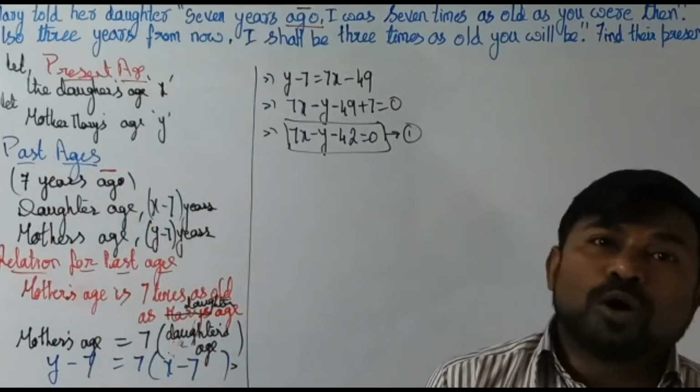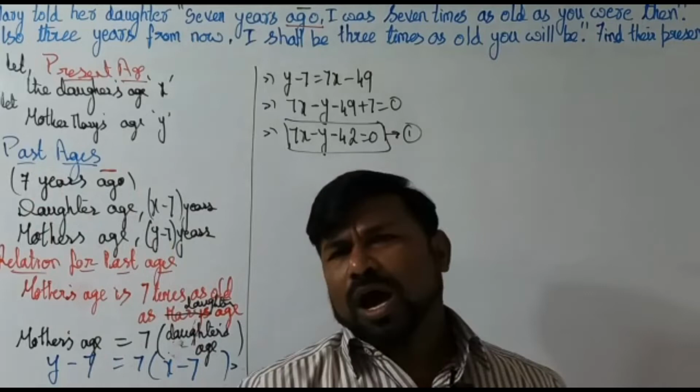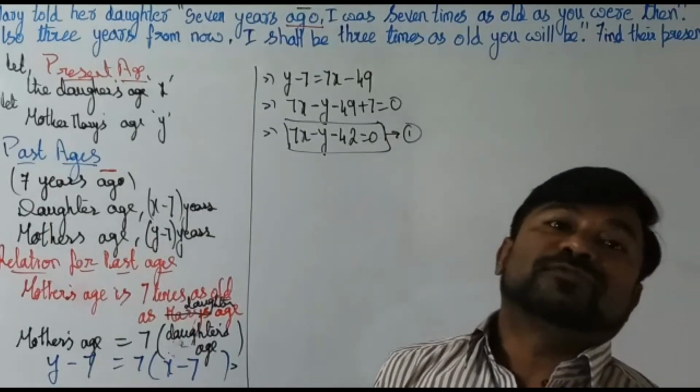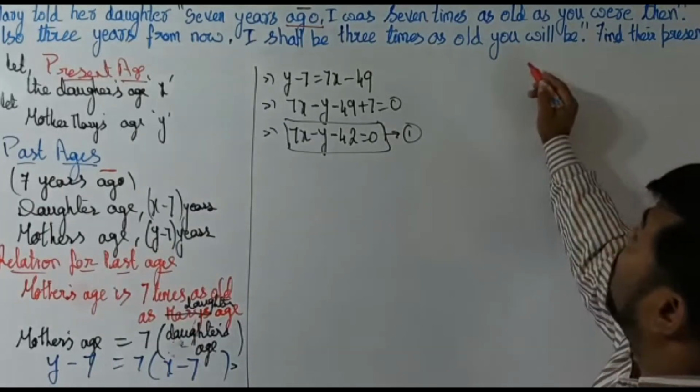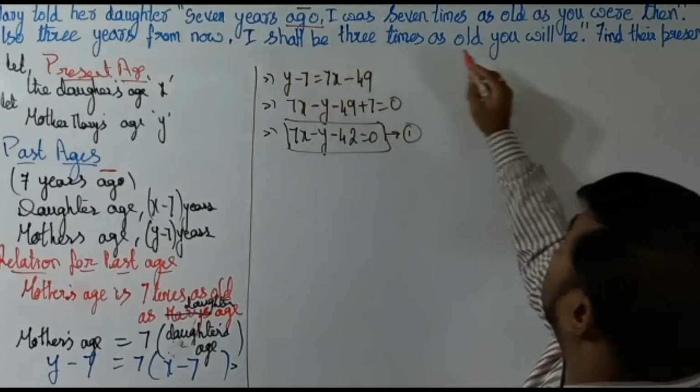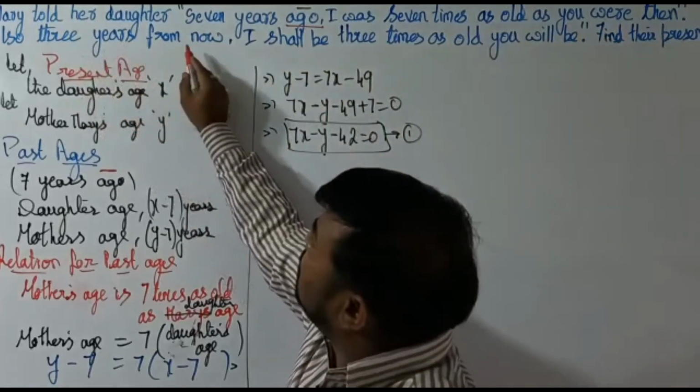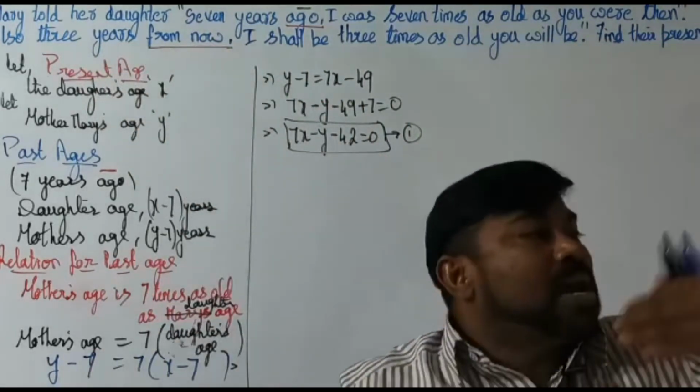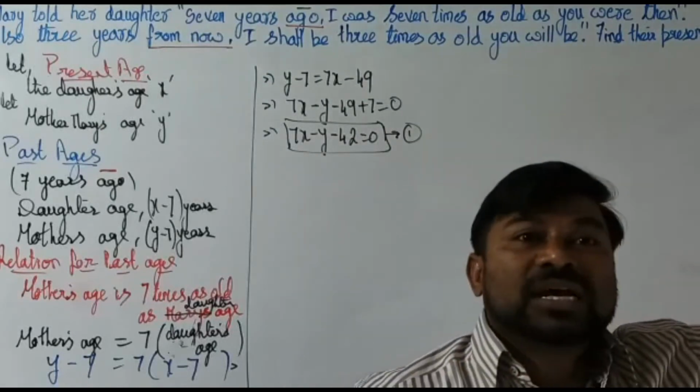Now we have one more, that is the future relation. How do you get to know it's the future relation? If you check, he says, I shall be, 3 years from now. From now means future.